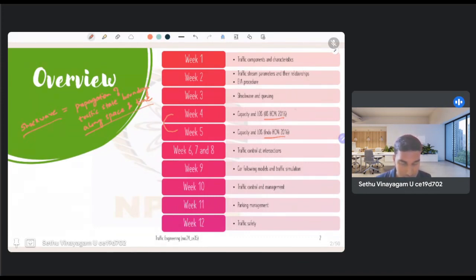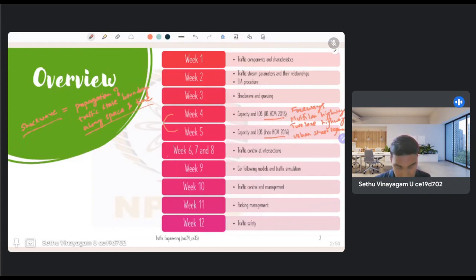We were looking at how to analyze this for freeways, multi-lane highways, two-lane highways, then urban street segments, right? So using both manuals, we looked at how to do the capacity and level of service analysis for all these different types of facilities.